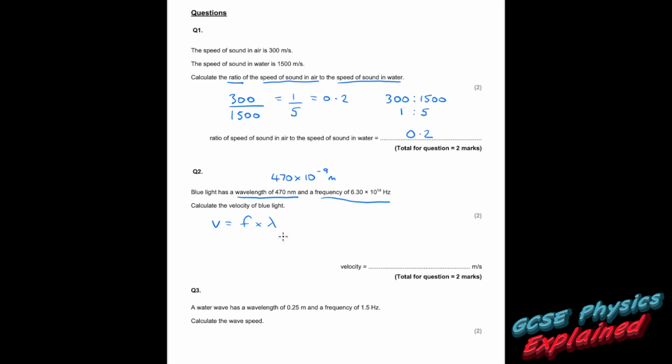So just pop the numbers in. So frequency is 6.3 times 10 to the 14 hertz. Multiply that by 470 times 10 to the minus 9 meters. And that equals 2.96 times 10 to the 8 meters per second.